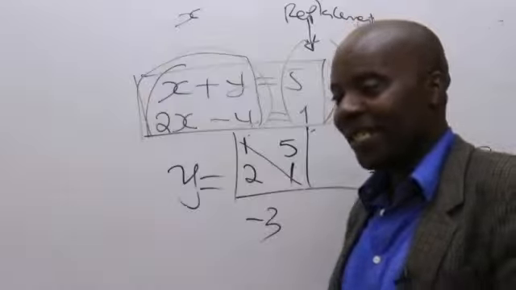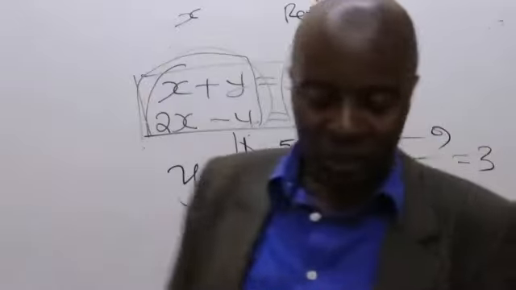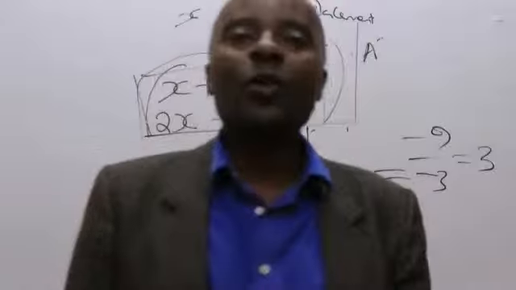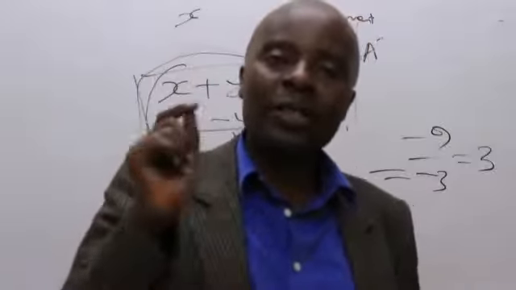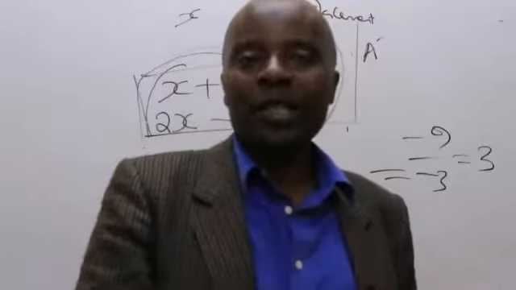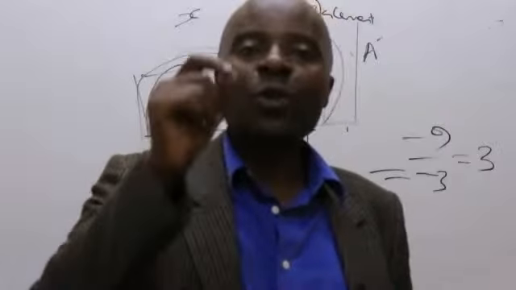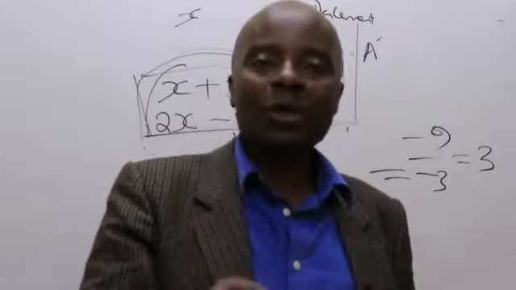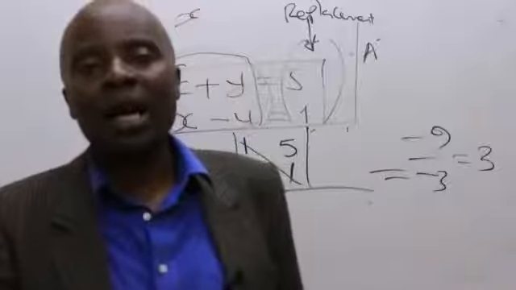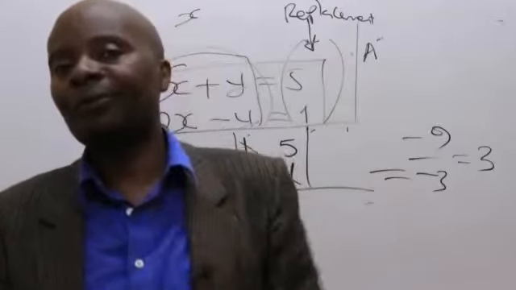Cramer's is easier, yes. And remember, your examiner does not restrict you. He simply tells you to use matrices. It even becomes much simpler when you have got 3 unknowns.